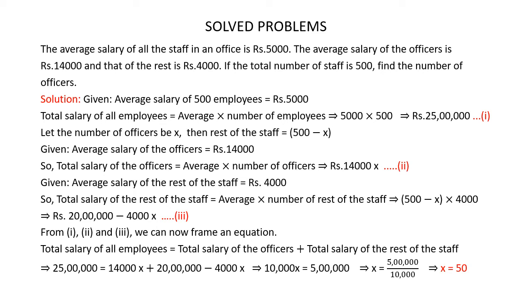This is nothing but 25 lakhs is equal to 14,000x plus 20 lakhs minus 4,000x. On solving, we get 10,000x is equal to 5 lakhs. So x is equal to 5 lakhs divided by 10,000, which is 50. So x is 50. So the number of officers in the office is 50.